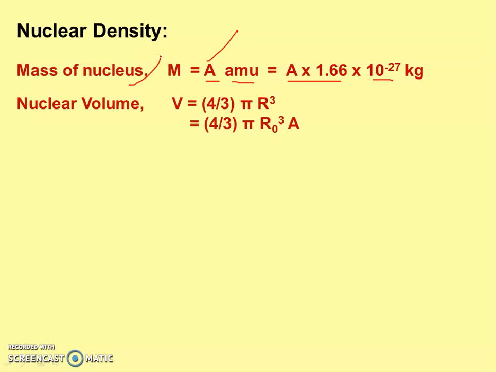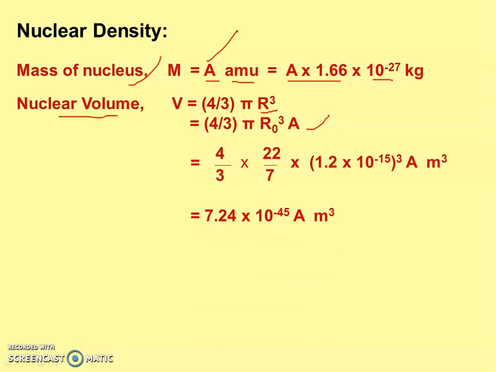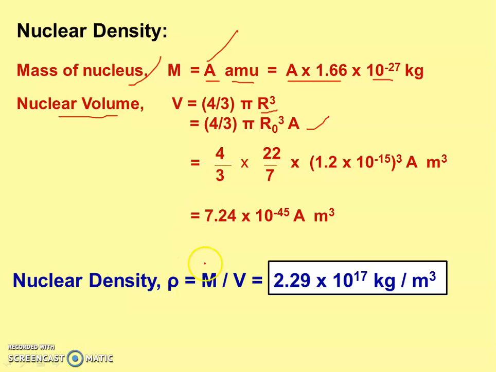Now, the volume of the nucleus is V is equal to 4 by 3 pi r cube. Substituting the value of R, we get 4 by 3 pi r naught cube into A. This is the volume. Now we calculate the density. Density is nothing but mass by volume, so we divide mass by volume, and we get this value.